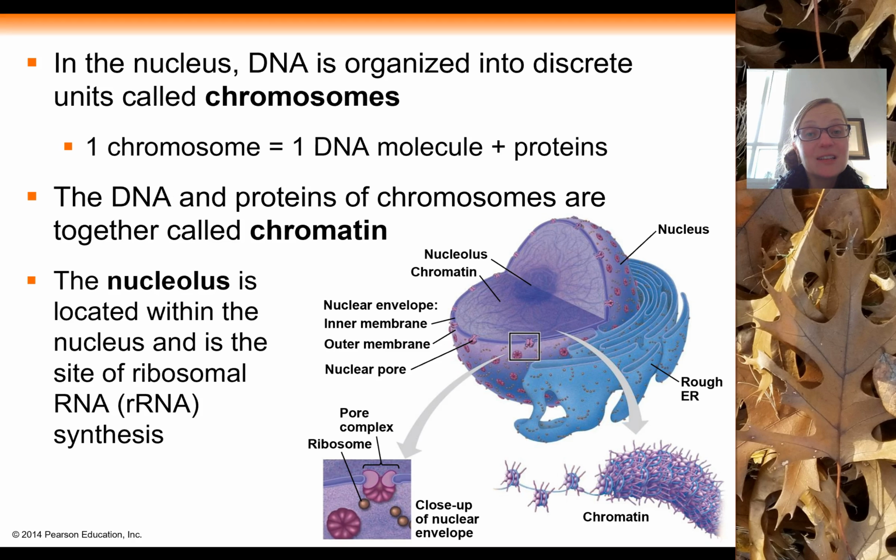But there are different kinds of RNAs. The one kind of RNA that's made in the nucleolus is going to be ribosomal RNA, or rRNA. rRNA is one of the 2 components that's used to build ribosomes. So as we'll learn in a minute, ribosomes are part protein and part this ribosomal RNA that's made in the nucleolus.